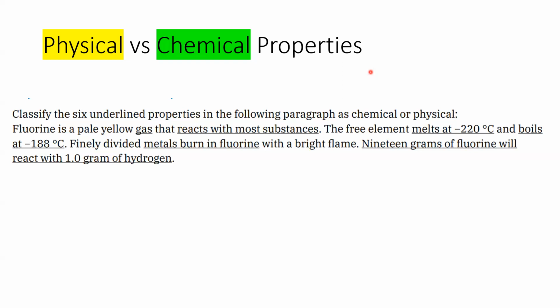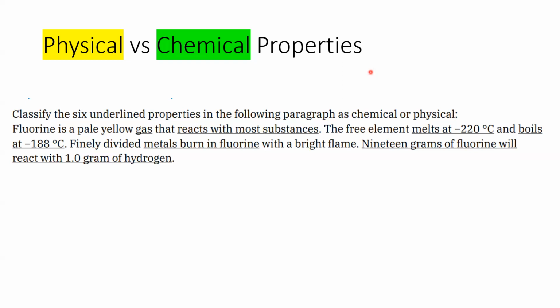Those might be a little bit tricky because a lot of the times when people see those phase changes, so melting or boiling something, they think that's going to be a chemical change. But what we're doing there is, again, only affecting the state of matter. As we melt or boil something, it still stays that same substance. It just changes from liquid to gas or gas to solid or solid to liquid, whatever it may be, depending on that particular phase change.